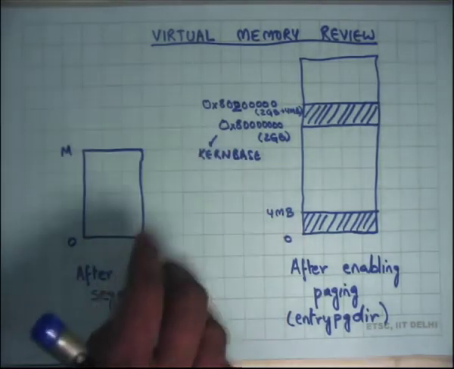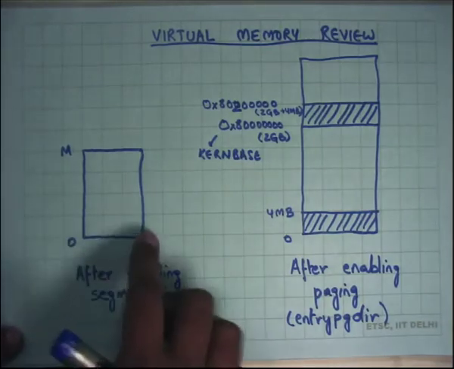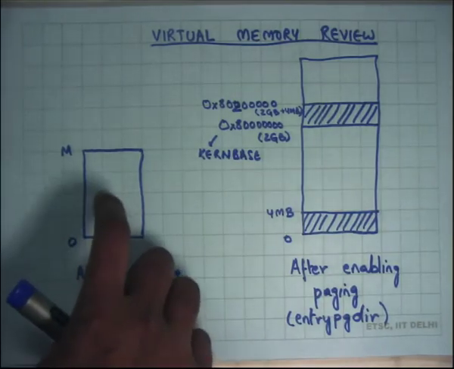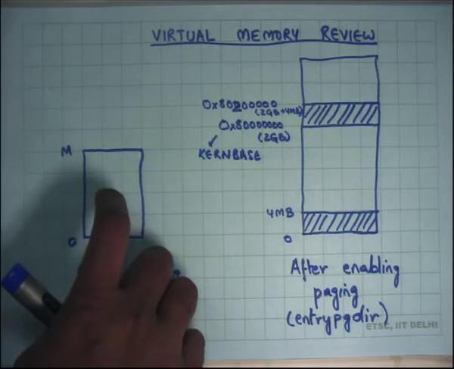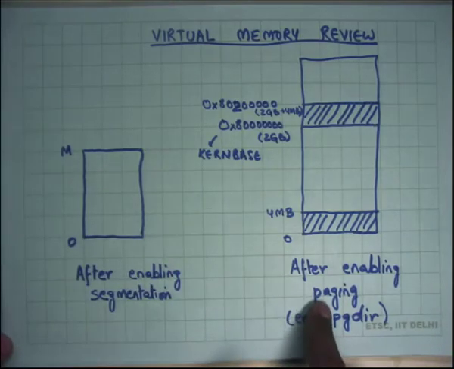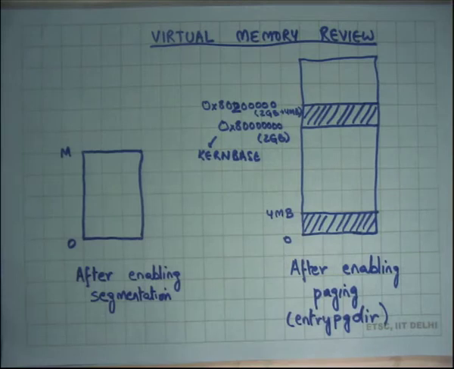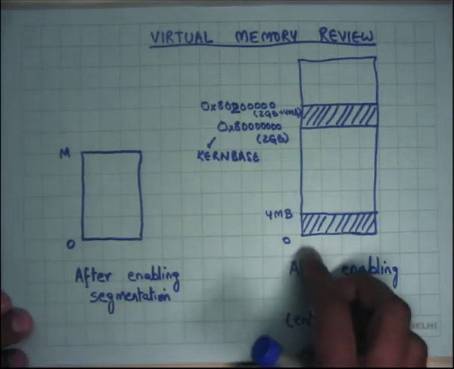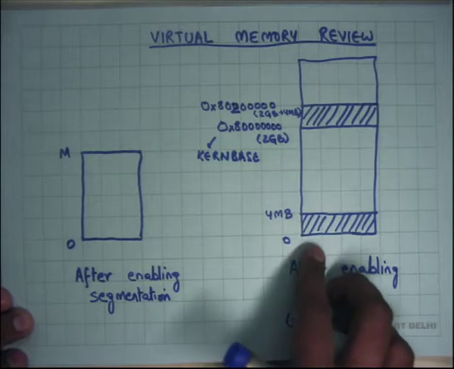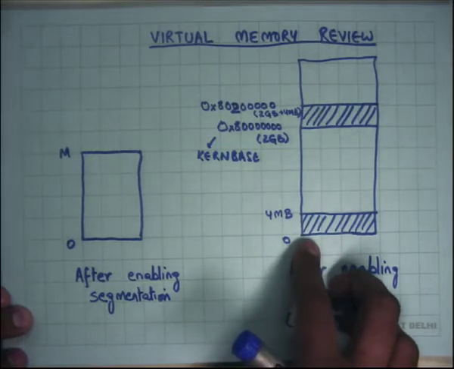So the first thing the entry.s file does is it changes this address space by enabling paging, and it uses a page directory called entry page directory, right? We saw last time that this entry page directory implements an address space where the first 4 MB are mapped identically.